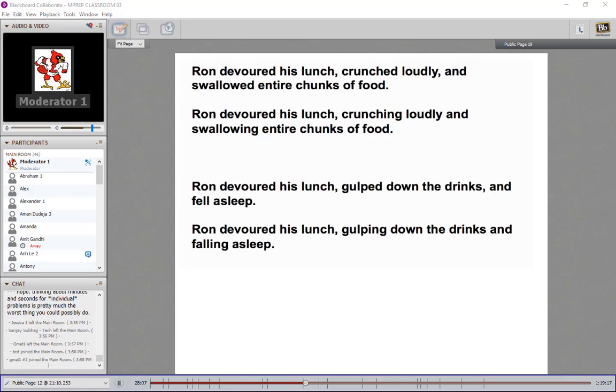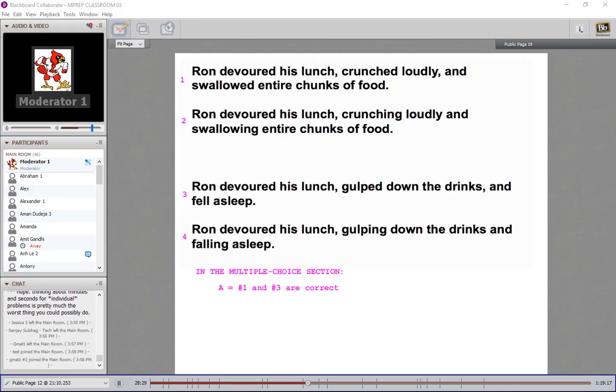Here's the way I want you guys to vote on this. In the multiple choice section, let's number these 1, 2, 3, 4. Give me choice A if number 1 and number 3 are correct.